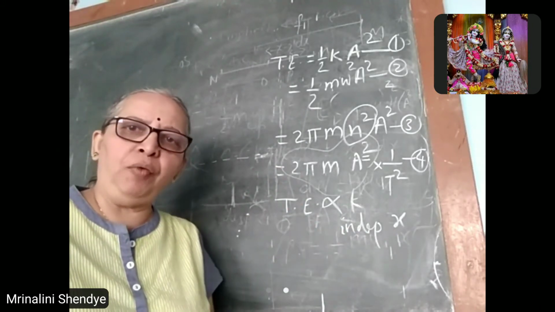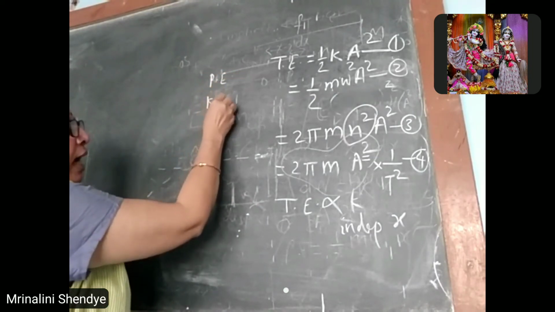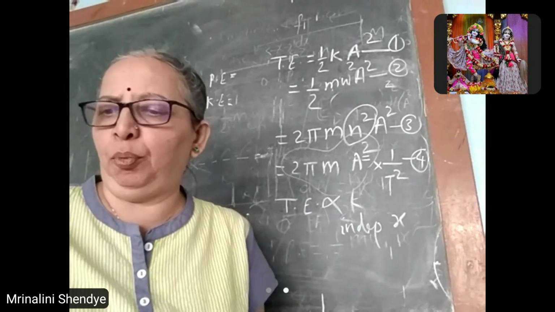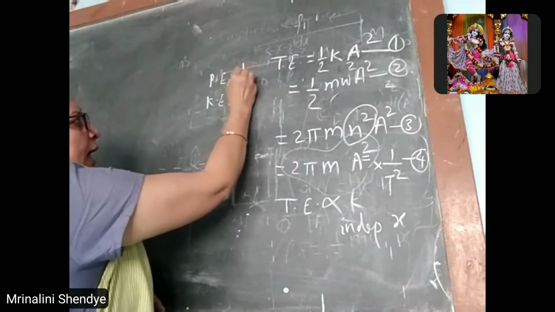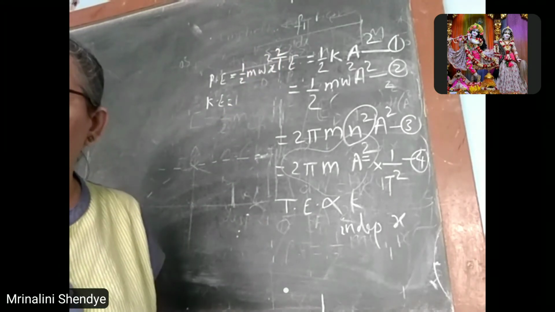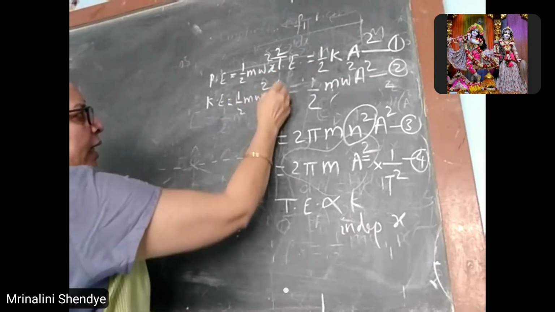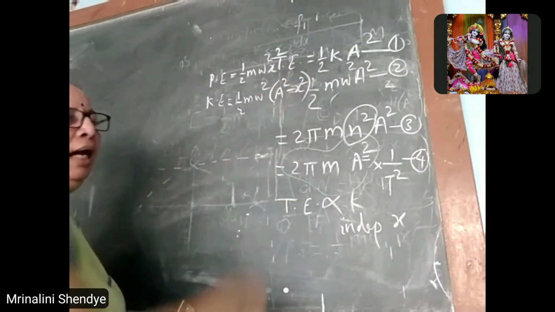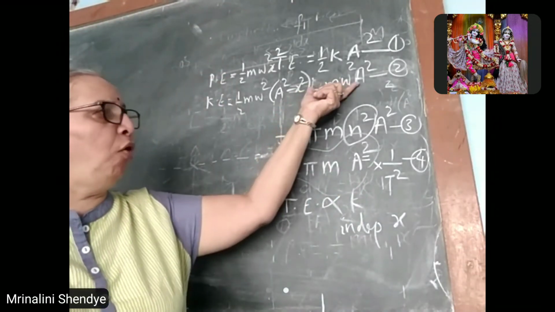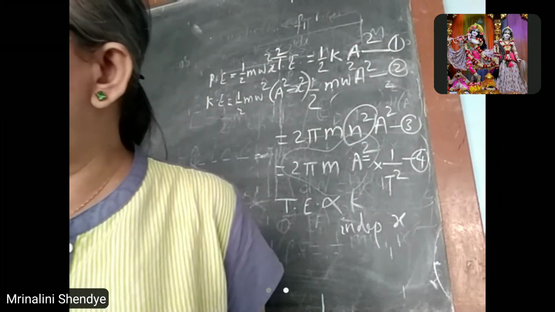We also found the general expressions for potential energy as well as kinetic energy when the displacement of a particle is x from mean position. They were half m omega square x square, and for kinetic energy we derived half m omega square, in brackets, a square minus x square. These two are general forms, and by adding them we get this form of total energy. So this is the answer for question number 6.